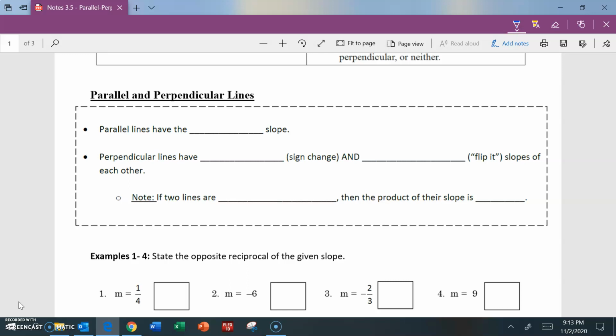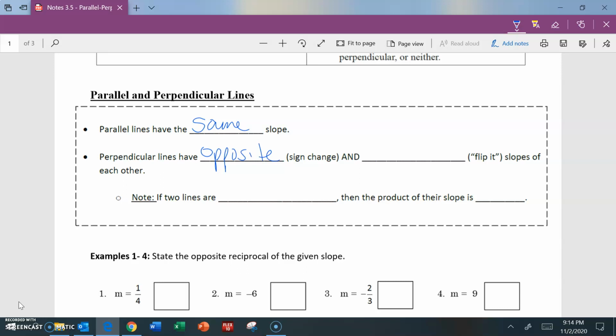All right, on parallel and perpendicular lines, parallel lines will always have the same slope, always. Perpendicular lines have blank and blank, it says. So perpendicular lines, when it says sign change, they will have opposite.